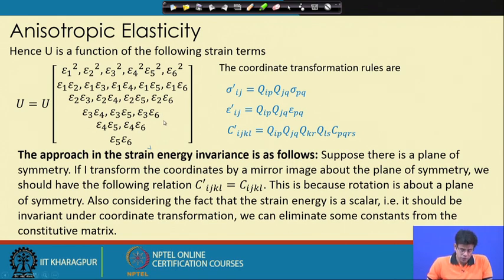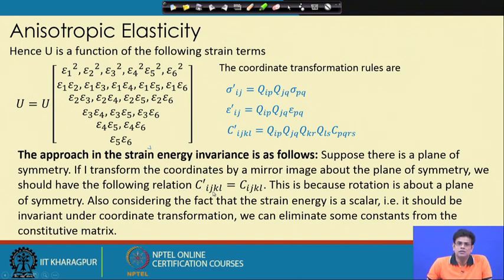Now, anisotropic material. This is from the last slide. The approach in the strain energy invariance is as follows. Suppose there is a plane of symmetry. If I transform the coordinates by mirror image about a plane of symmetry, we should have the following relation.